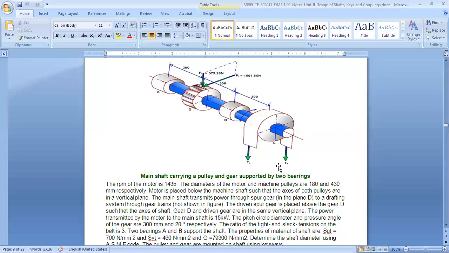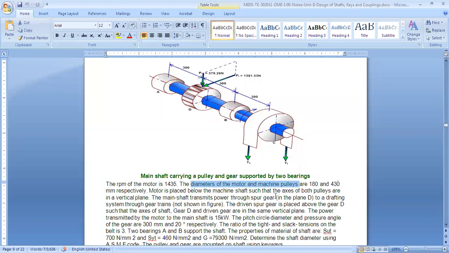Here we know the RPM of the motor, so we need the RPM of the shaft. They have given the ratio of the diameters of the motor and the machine in the next line. Using that ratio, we can find the RPM of the shaft. So the first step will be finding the RPM of the shaft.